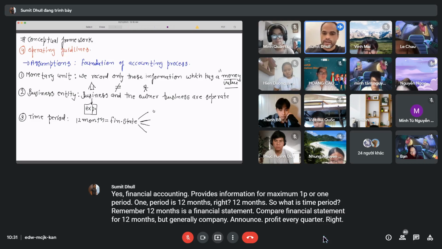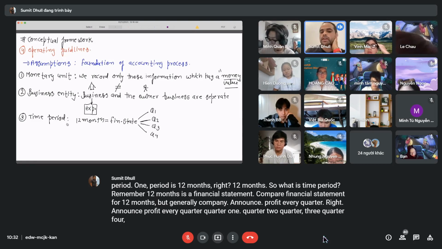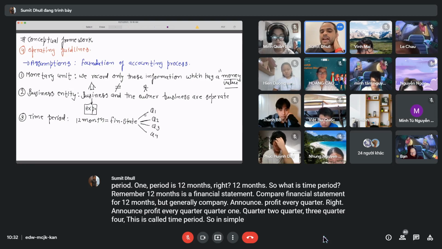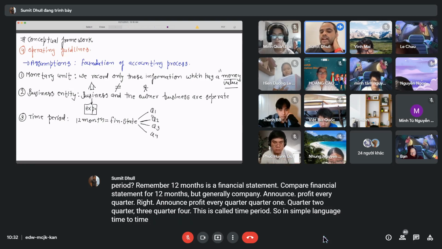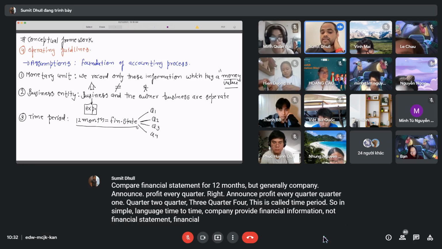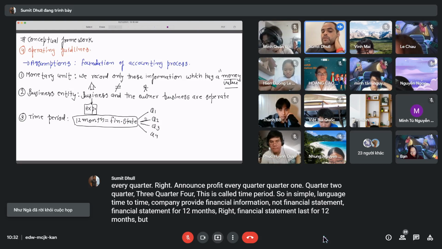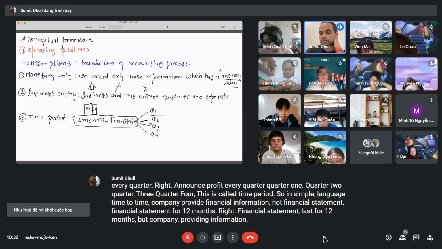Quarter 1, quarter 2, quarter 3, quarter 4. This is called time period. So in simple language, time to time, a company provides financial information, not a financial statement. The financial statement lasts for 12 months, but the company provides information every quarter.